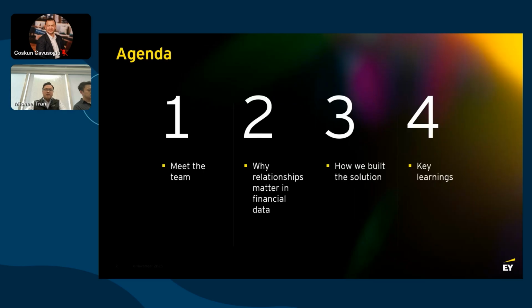We'll talk about how we go on that journey, and then finally we'll talk about some of the key learnings that we had. That starts from having a good, high quality data warehouse, and then having the conversations with different stakeholders, not only our clients themselves, but also internal stakeholders, really trying to show the value of the graph.